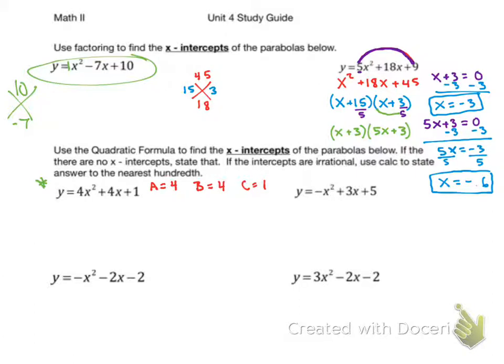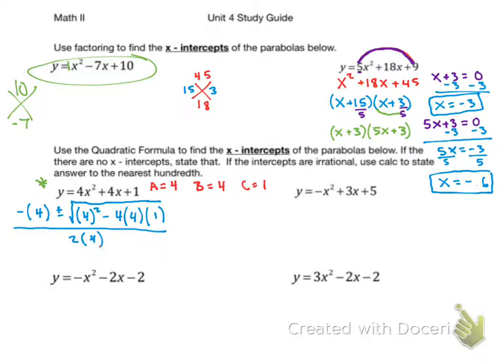So I have negative B, which is 4, plus or minus the square root of b squared, which is 4 squared, minus 4 times a, which is 4, times c, which is 1, and then all divided by 2 times a, and that's 2 times 4.